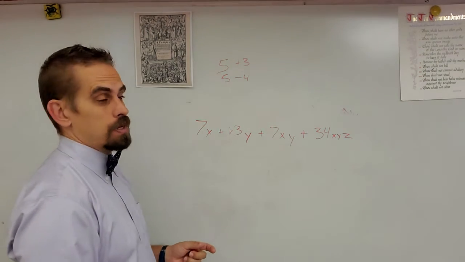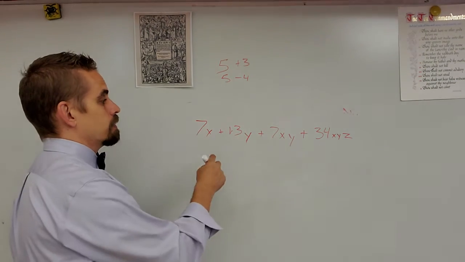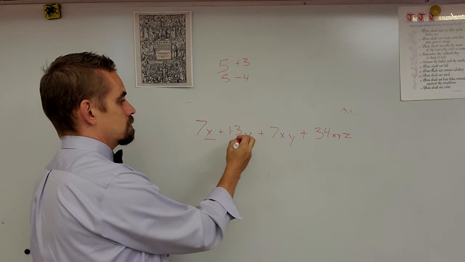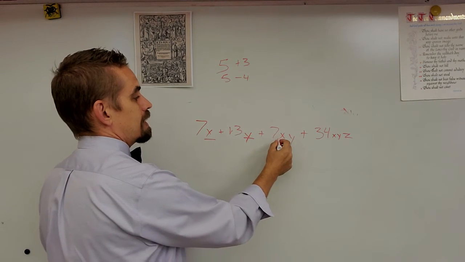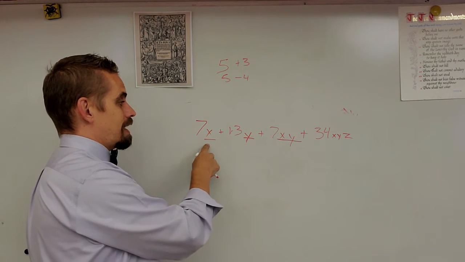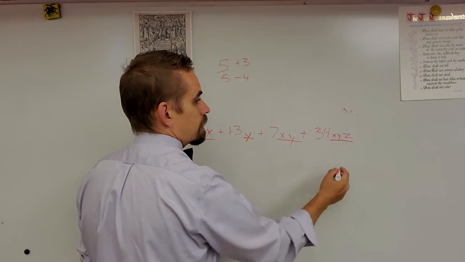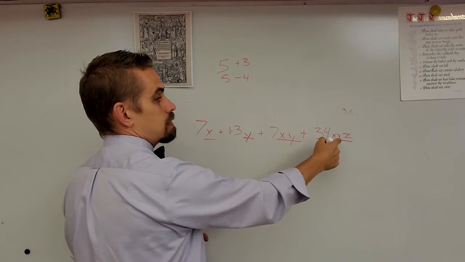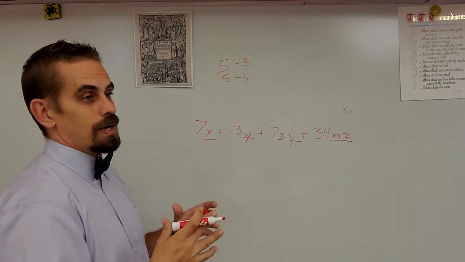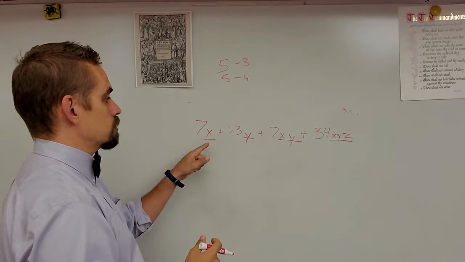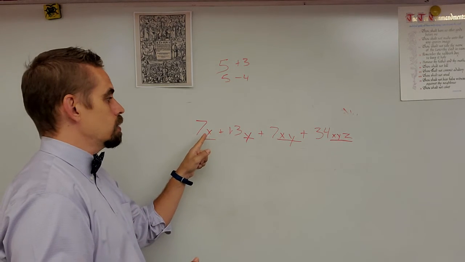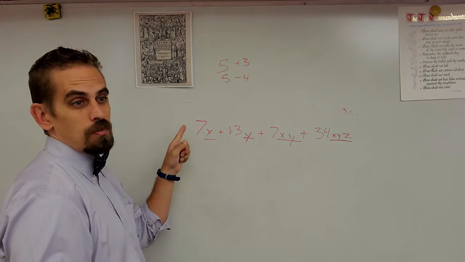The answer is no, because none of them are exactly the same. We've got x, then we've got y, then we've got a combination of x, y. That's like apples, oranges, and kiwis, right? And then we've got apples, oranges, kiwis, and mangoes. You can't combine those. You can only add or subtract them when what follows the number is exactly the same.